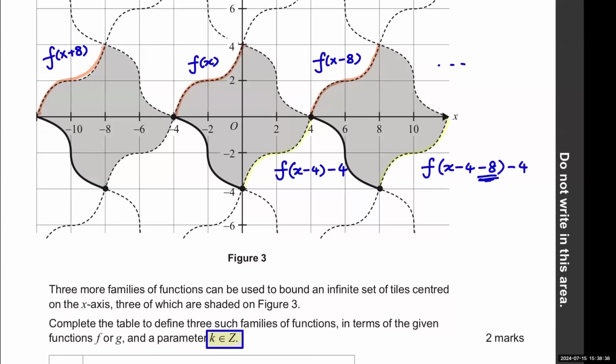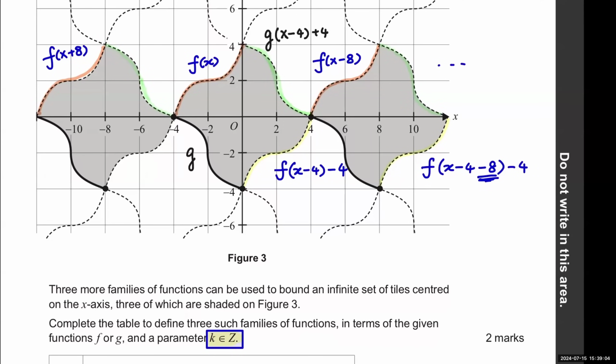And now to look at the last one in green, this side. This will be, you know, g in terms of g. This is your g. This is your g of x minus 4 plus 4. You shift it 4 units to the right and 4 units up. And then looking at this side or this side, okay?